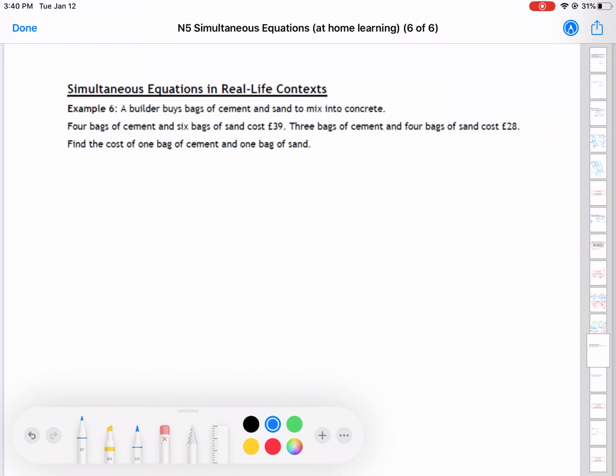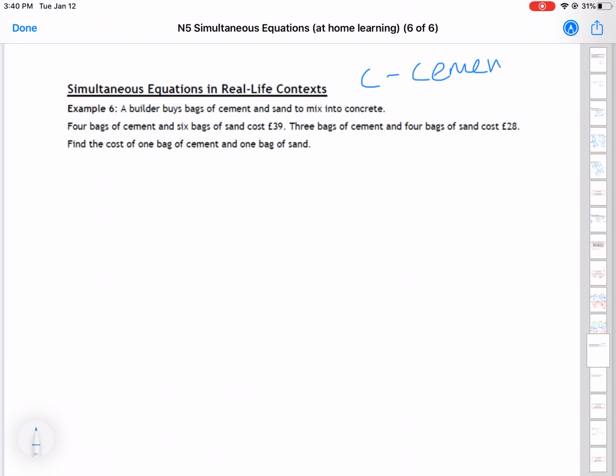In this case, we have a builder that buys bags of cement and sand, so I'm going to use C to represent cement and S to represent sand. I'm not going to bother writing the words out every time. 4 bags of cement, 6 bags of sand cost £39. Okay, so 4 C's, 4 lots of C, plus 6 S's, 6 lots of sand, equals 39.